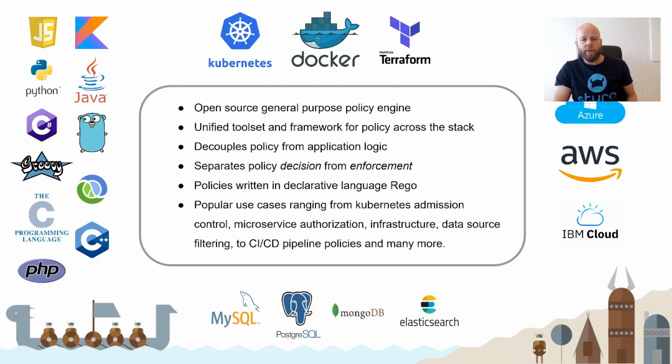Again, OPA is an open source general purpose policy engine. It provides a unified toolset and a framework for working with policies across the whole stack. A core principle of OPA is that we decouple policy from application logic, sort of like you'd decouple storage from your application and move that into a database.